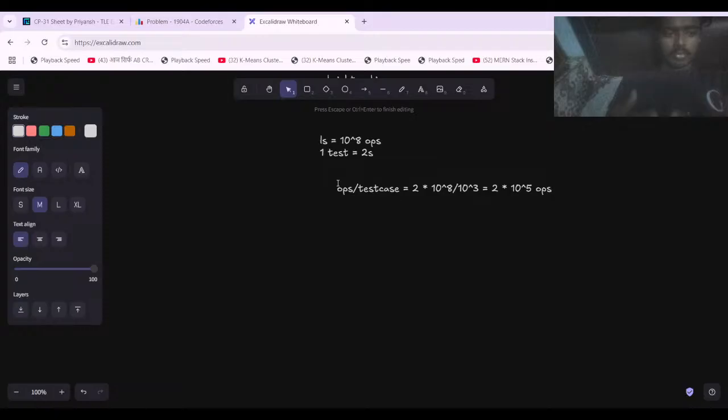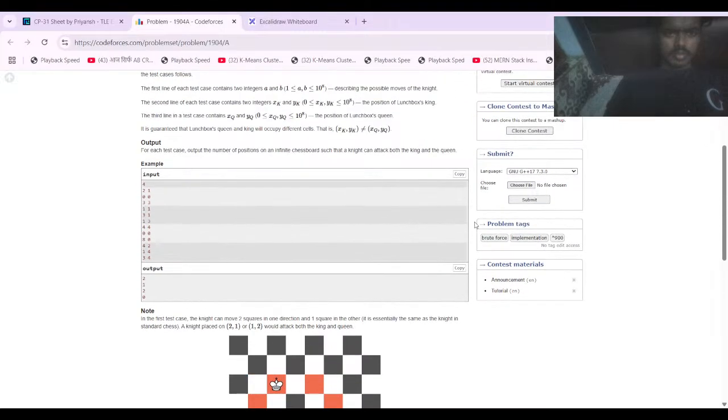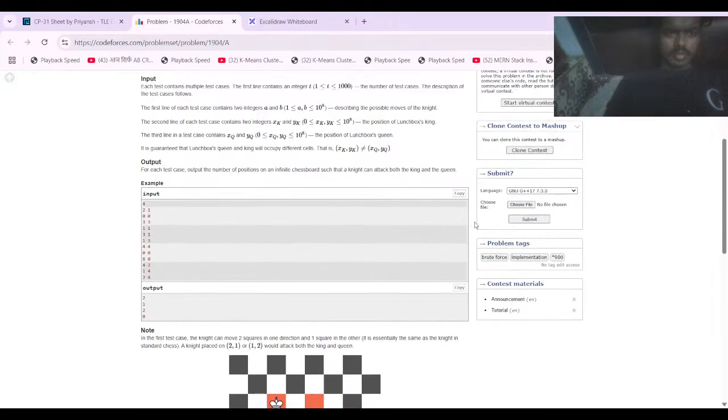Now this is very important, because if I look at a and b over here, they are very huge, of the order of 10 to the 8. X and Y, xq and yq are also of the order of 10 to the 8, and even more, since you have an infinite chessboard expanding in the horizon.